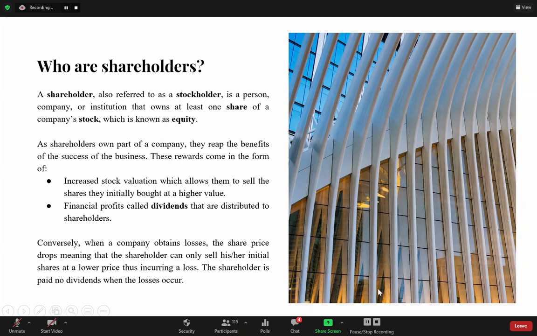So you're going to take it to the shareholders and executive management, by starting with the definition of shareholders. It's almost the same as what they've defined from the other group. A shareholder is a person or a company or institution that owns at least a certain share of the company's stock, which is also known as the equity.